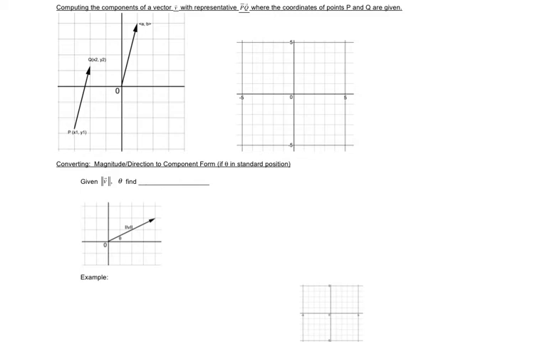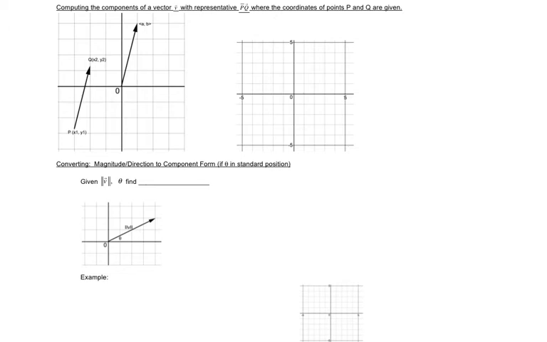If we're given 2 points, P and Q, and we want to find the vector that goes from P to Q, so we want the vector notation from that. If you could picture taking this exact vector and sliding it up so its initial point is here, then we'd want to know what is the terminal point. The way we're going to find that out is we're going to take the terminal point's coordinates, subtract the initial point's coordinates.